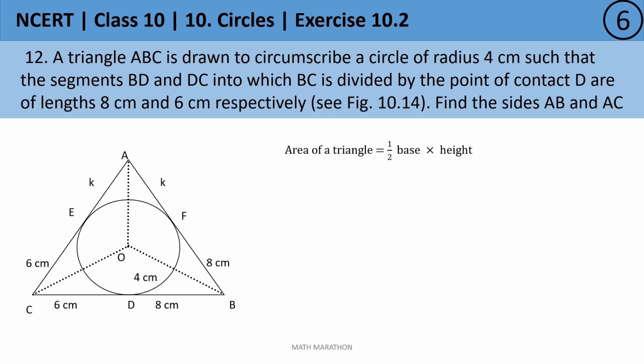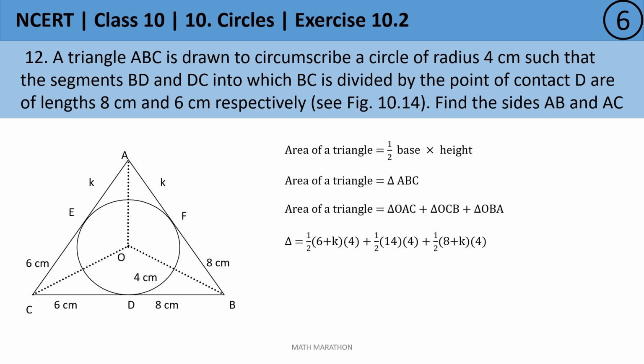Now, let us find the area of the triangle in a different way. Area of triangle is equal to half of base multiplied by height. Area of triangle is equal to area of triangle ABC. The triangle is split into three small triangles. Area of triangle is equal to triangle OAC plus triangle OCB plus triangle OBA.